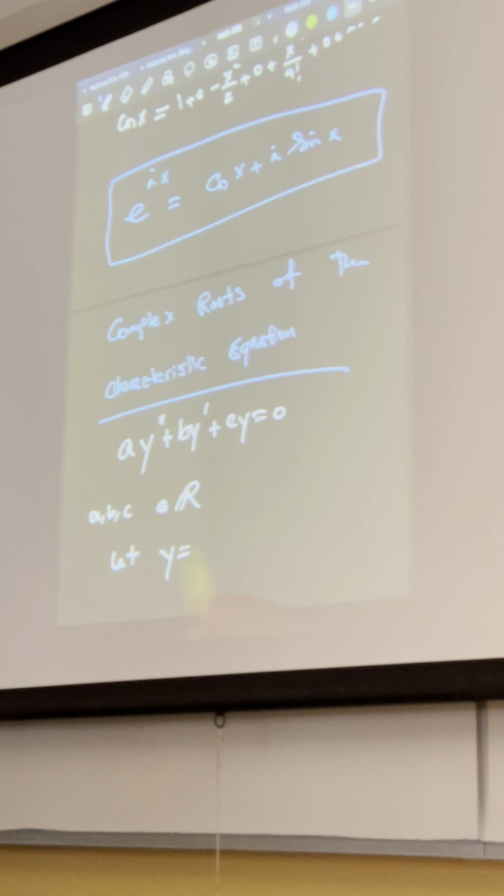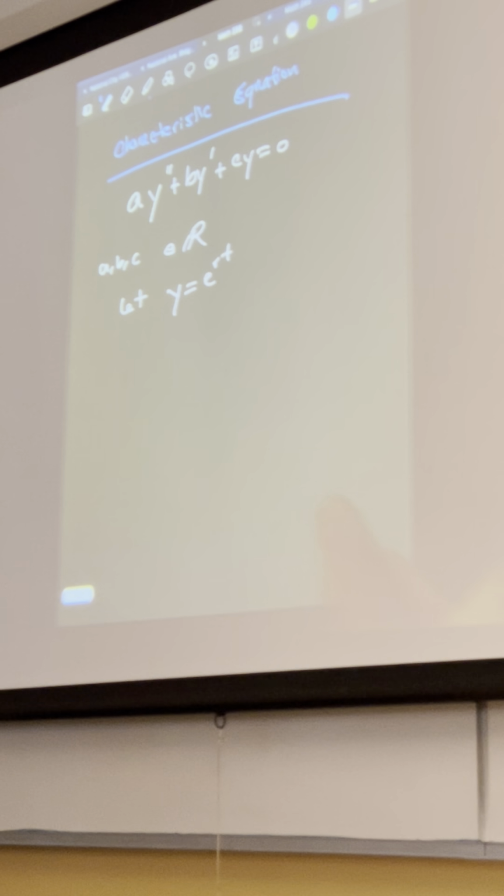And let y be some sort of e to the power of rt. Then you get the following characteristic equation, which is ar squared plus br plus c equals 0. Now, remember the quadratic formula? r is equal to what?